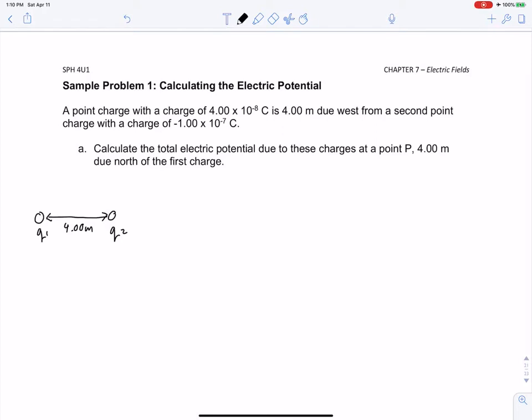We want to calculate the electric potential due to these charges at a point P 4 meters north of the first charge.